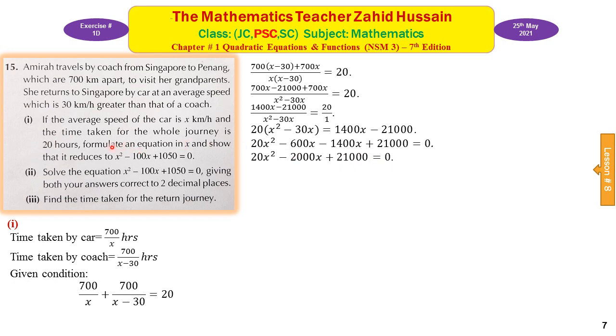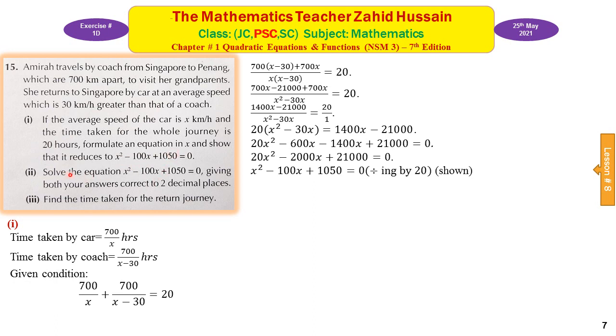Because you need the equation where the coefficient of x square is 1, divide the whole equation by 20 to get x square minus 100x plus 1050 equal to 0. This is the equation we were asked to show.